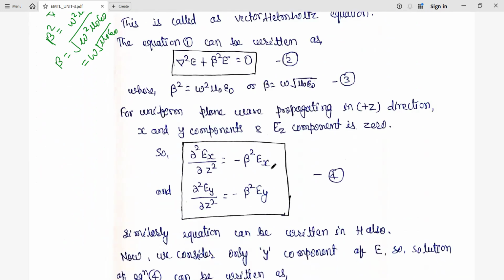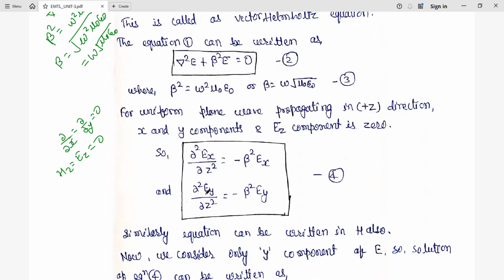Finally, if the wave is going to propagate in the z direction, as we have seen earlier, for the x and y components, dou by dou x and dou by dou y are going to be 0, and the z component of the electric field and magnetic field is going to be equal to 0.